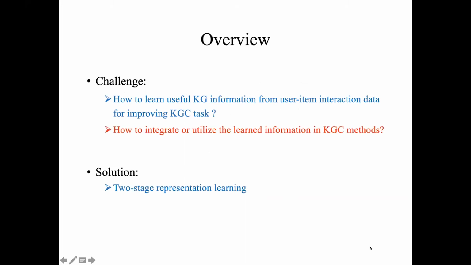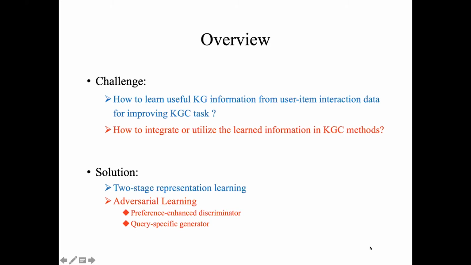The second challenge is how to integrate or utilize the learned information in knowledge graph completion methods. To address the second challenge, our idea is to develop a specific evaluation component that incorporates and learns user preference information about entities for evaluating a candidate entity given a query.